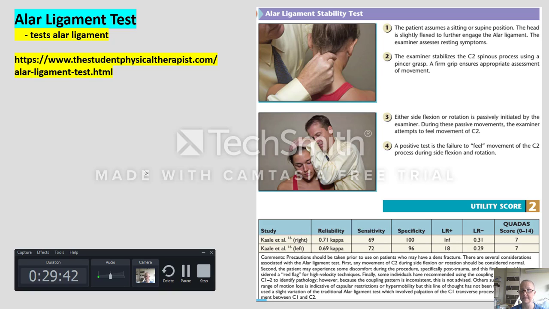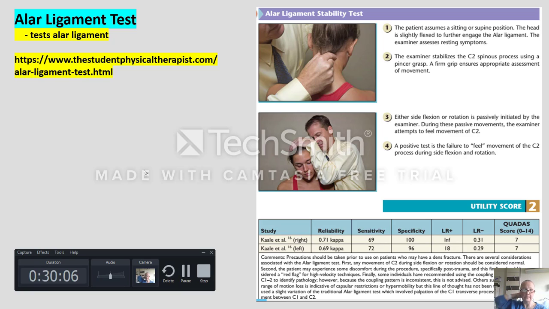Are you dizzy? Do you feel lightheaded? The examiner stabilizes the C2 spinous process using a pincer grip. A firm grip ensures appropriate assessment of movement. So make sure you know how to find that C2.